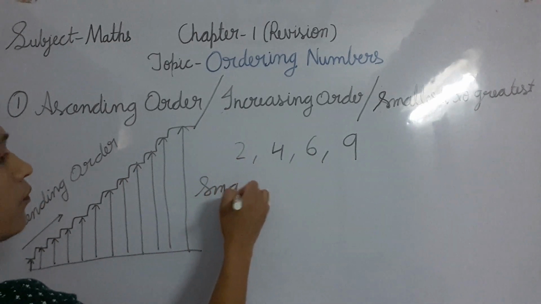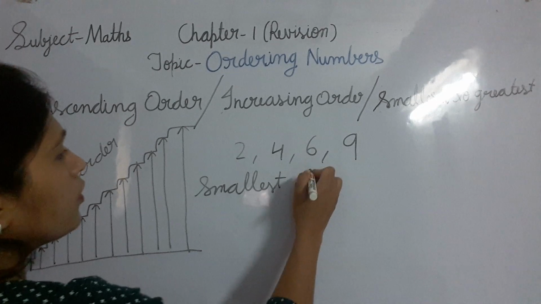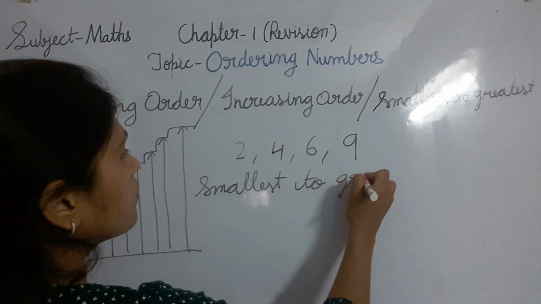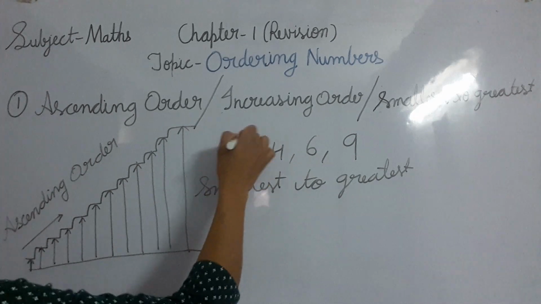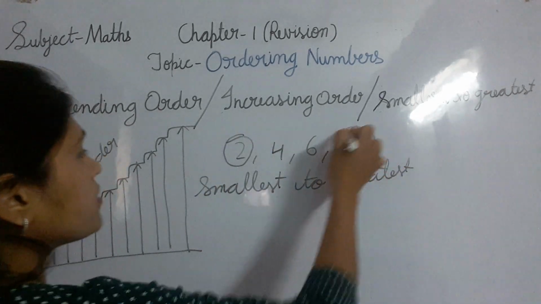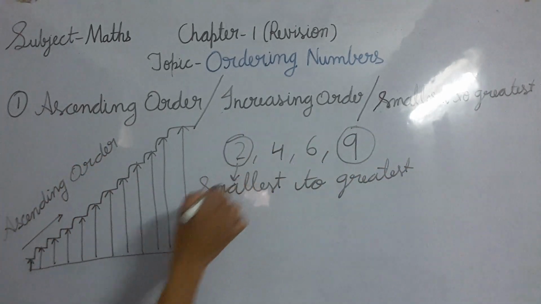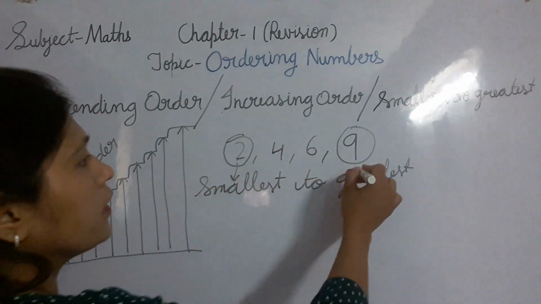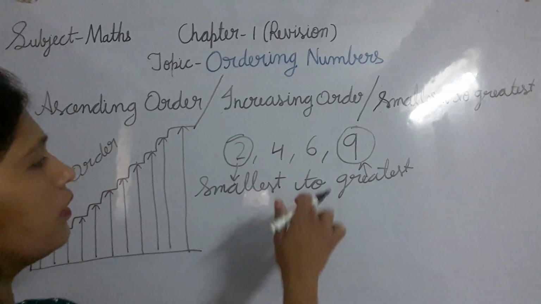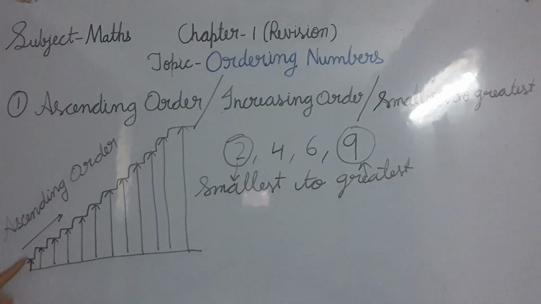Smallest to greatest. This number is the smallest and this should be the greatest among these numbers. Clear? It is clear, ascending order.